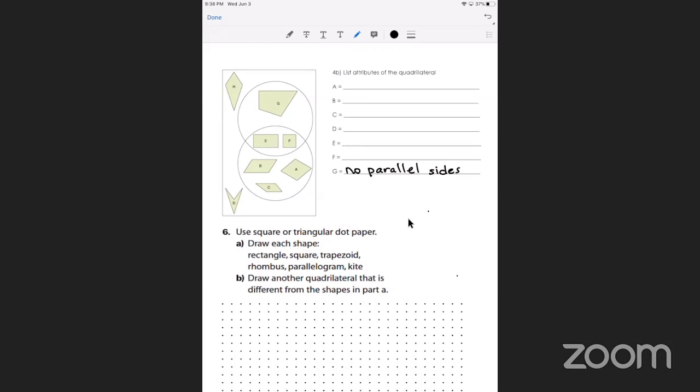And E has 2 parallel sides and 2 perpendicular, and so does F. Sorry, I'm just going to erase a little bit here.